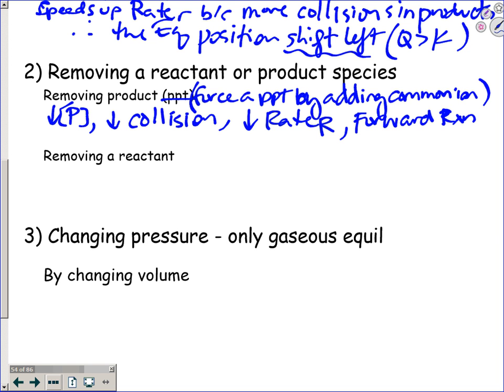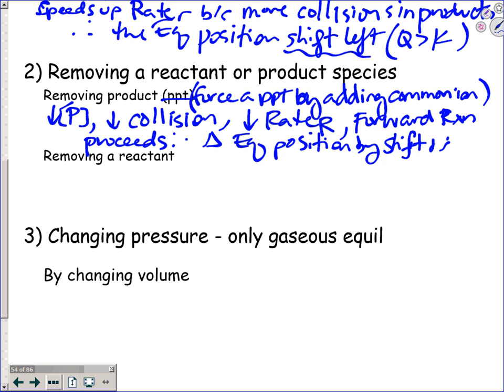So the forward reaction proceeds, therefore changing the equilibrium position by shifting which way? Shifting right, because we're going forward.